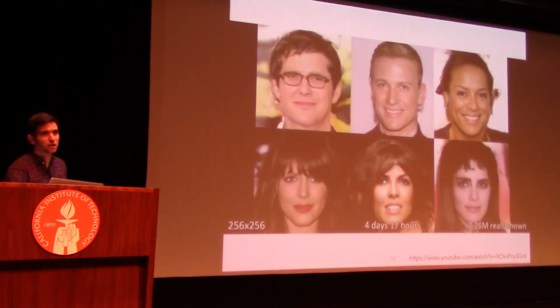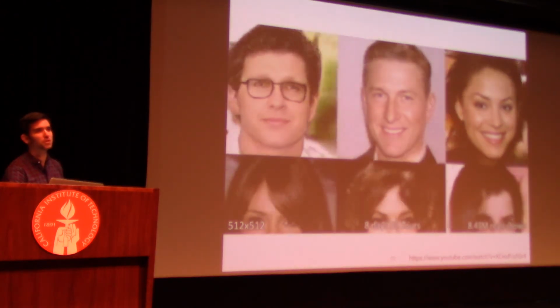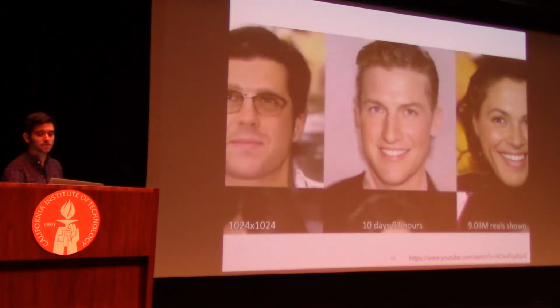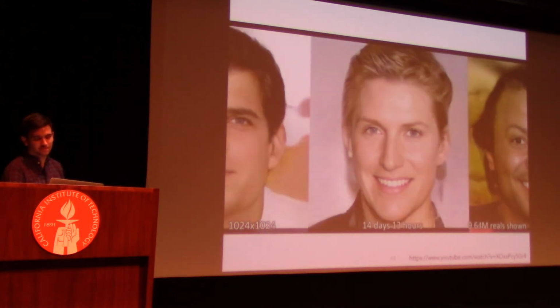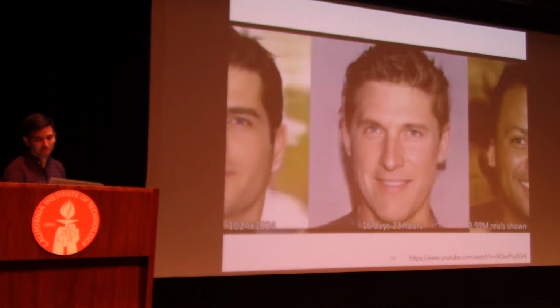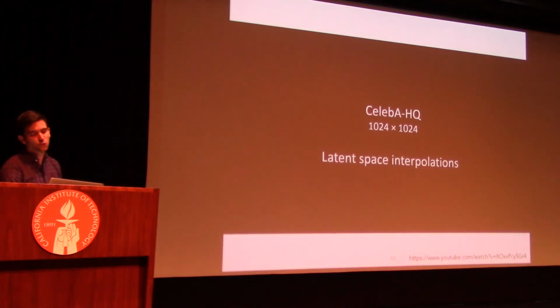So these are all generated images from noise, and it's just trying to mimic the distribution of celebrities' faces. So this is the cool part here. They take walks in this latent space.